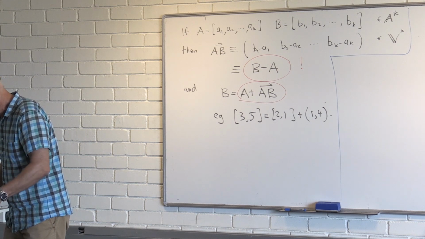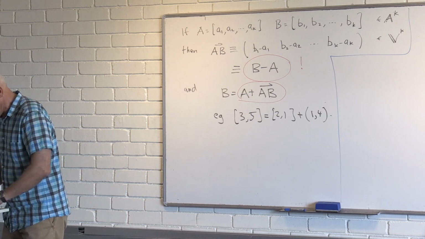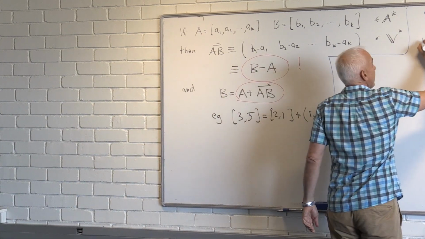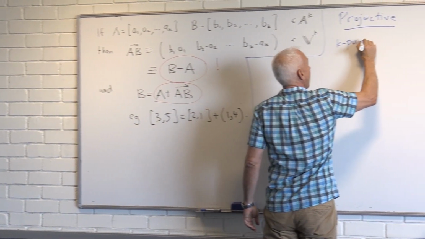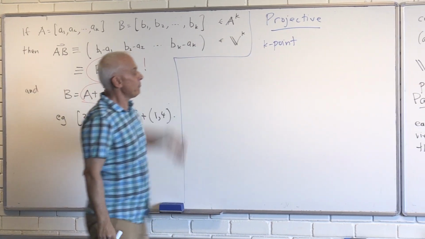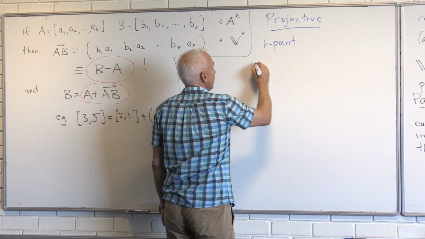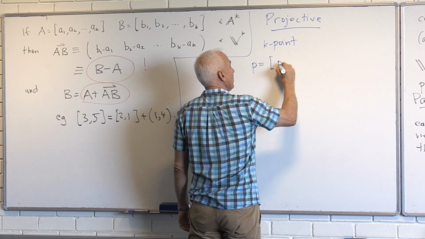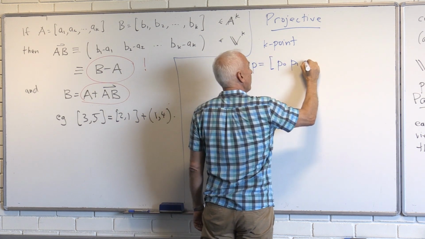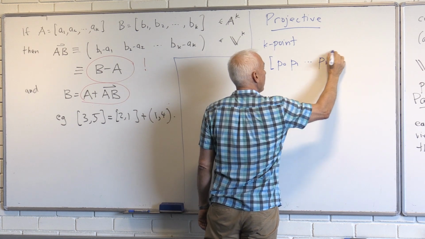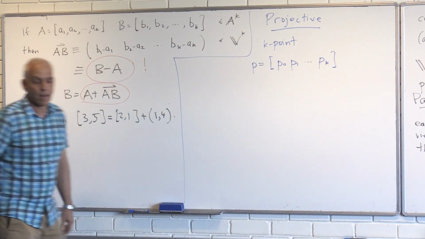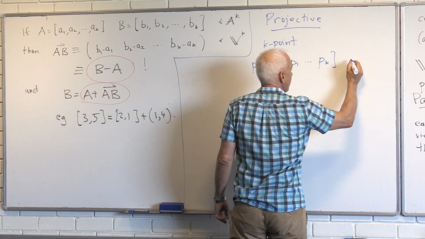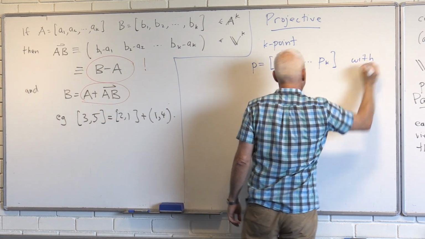Okay, so projective points. What's a projective point? So a projective k-point is an expression of the following form: P equals [P0, P1, up to Pk], with some provisos.